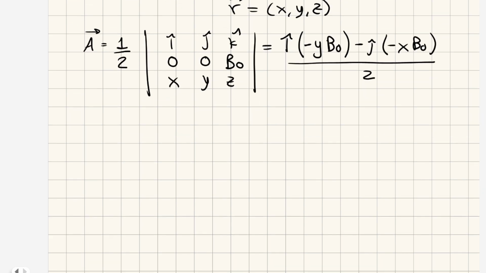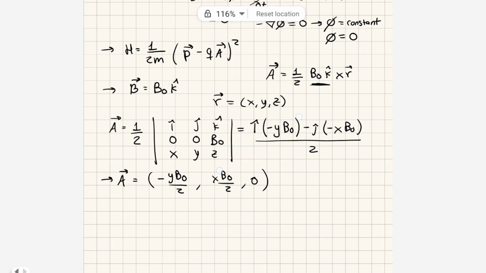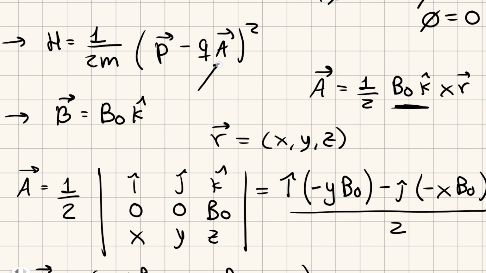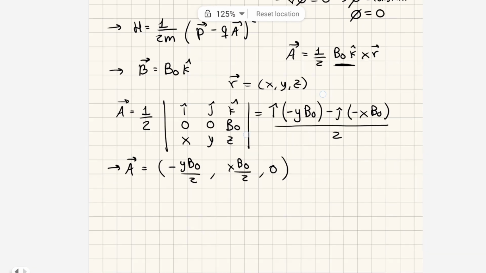So the vector potential in a different notation is minus yB0 divided by 2, then xB0 divided by 2, and the k component will be 0, of course. Perfect. So we have found the vector potential to take it into this equation.